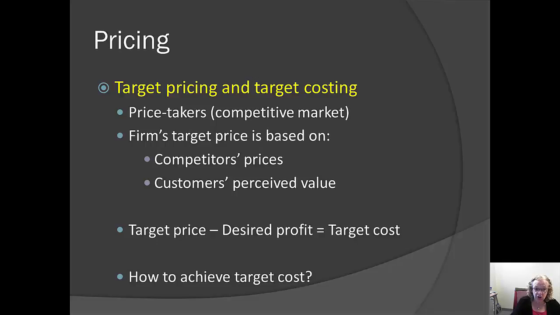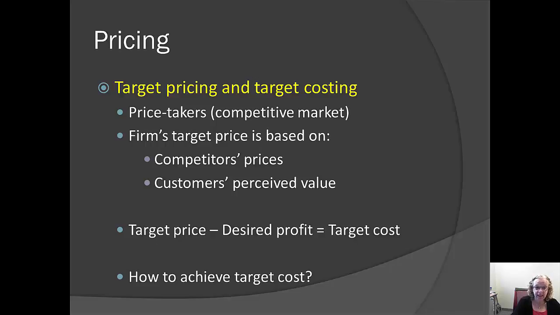Now the firm's question is how to achieve that target cost. What can we do if the product is currently costing us more than that amount?